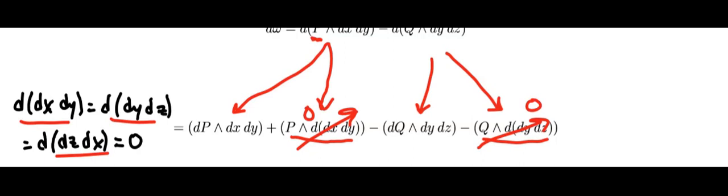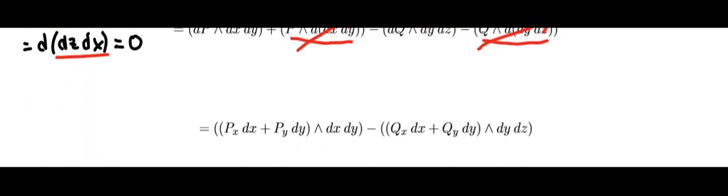We're going to write the differential of p and the differential of q. P and q are both functions of x and y. So we get p sub x dx plus p sub y dy, wedge the dx dy, minus q sub x dx plus q sub y dy, wedge the dy dz.